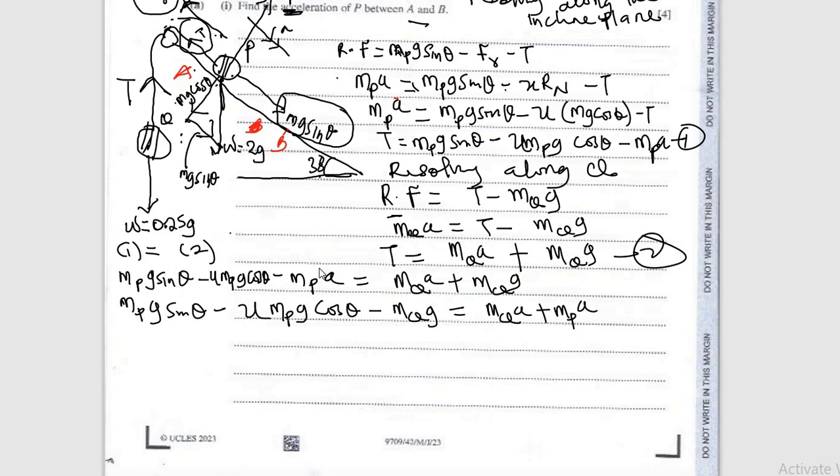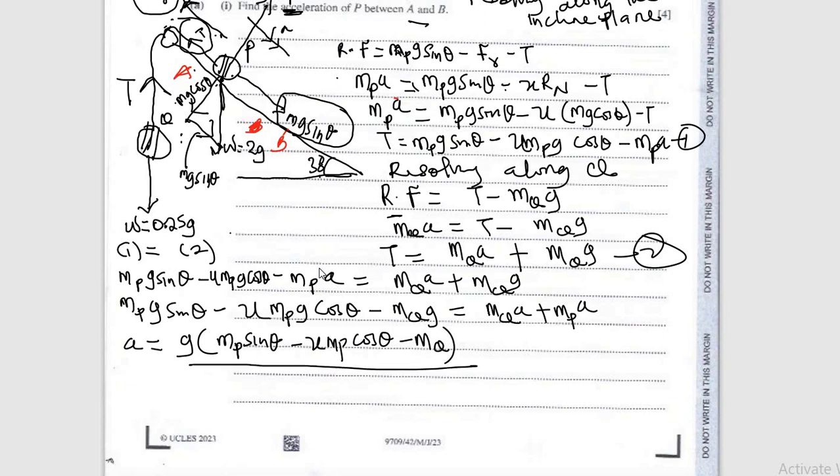At the end of the day, let's make A the subject of the formula. G is common here. So what do you have here? MP sine theta minus mu MP cos theta minus MQ, all over MQ plus MP.